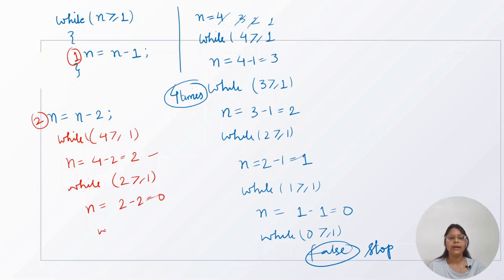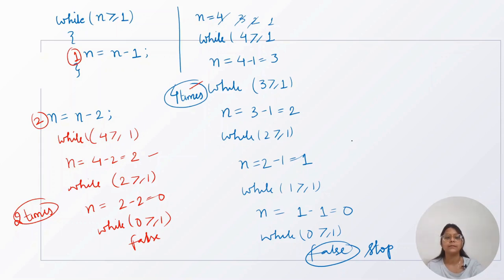Now see, while 0 is greater than or equal to 1, the condition will become false. So you can see for n equals n minus 1, when n is 4, it is executing 4 times. When n equals n minus 2, it is executing 2 times. The loop is executing 2 times.